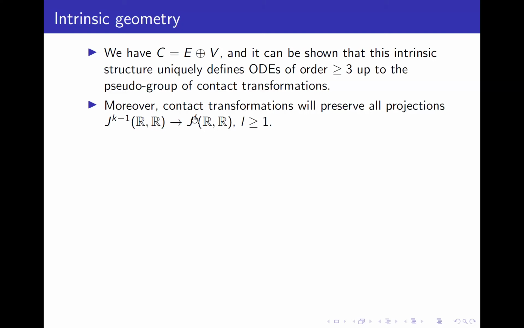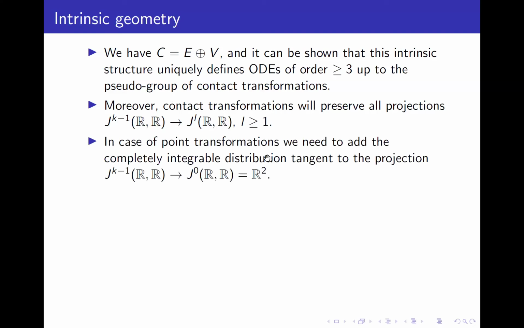Again, due to Lie-Bäcklund's theorem, all projections of jets down to the first jet are also invariant under contact transformations, and they can be uniquely recovered from the contact distribution itself, but not to zero order. You know that.